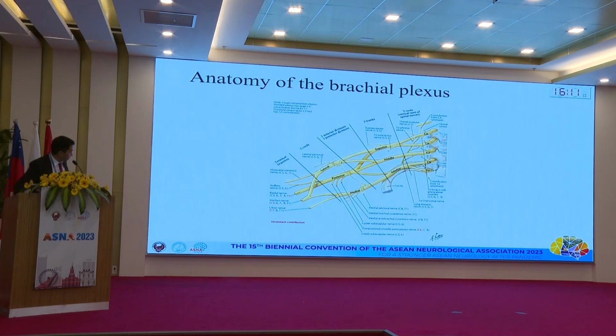You see the middle is C7, the upper is superior, and the lower is inferior. Here you remember the three posterior divisions, and the lateral and medial cords. On the medial side of the arm we have the ulnar nerve, and on the lateral we have the musculocutaneous nerve. The musculocutaneous nerve is one branch from the lateral cord, so we can remember it comes from the lateral cord, and the axillary and radial nerves come from the back, right?